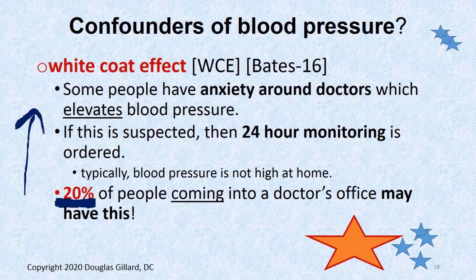So it's a mistake, in my opinion, for a doctor to immediately put someone on blood pressure meds because of this number. They need to send them home with a blood pressure monitor and make sure it's really true, because 20% of them really don't have hypertension.